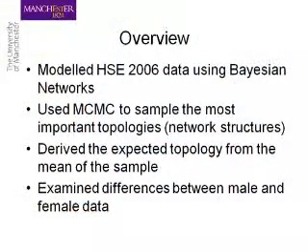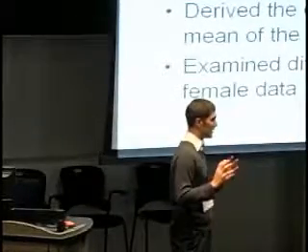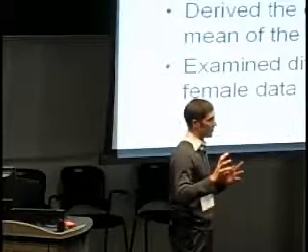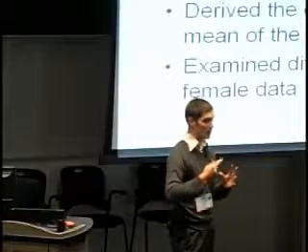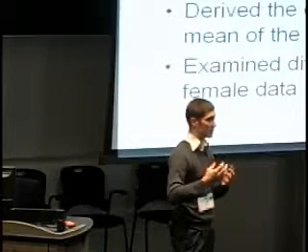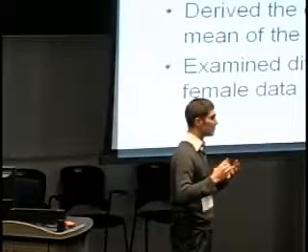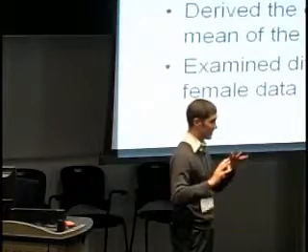Essentially what we did is we took the Health Survey for England 2006 data and applied a Bayesian network to model that data. We then used a Markov chain Monte Carlo approach to iterate through different networks which represent the relationships between the data, and we can use the likelihood of that network to score the likelihood of a given network topology.